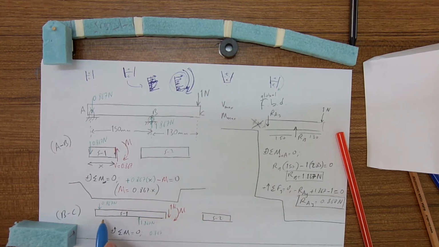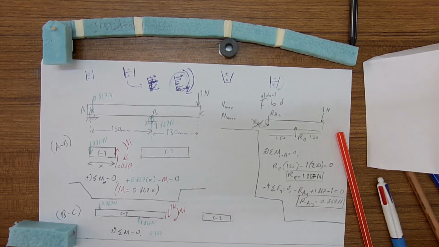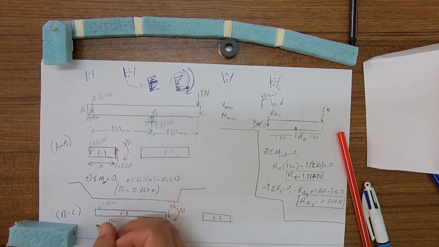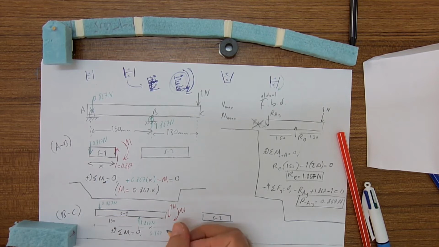0.867 times the moment arm. Now what is the moment arm? Sorry, force arm. 150 plus x. So we take moment about this point.